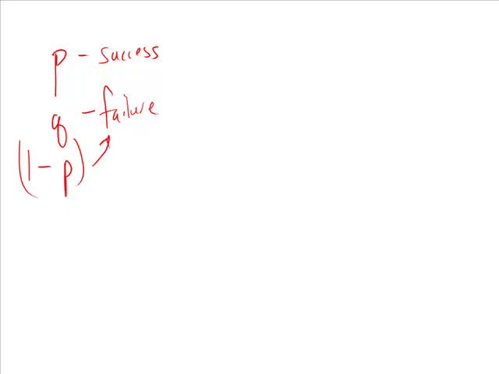Some textbooks, and this is where math gets really weird, because some people do it one way and some people do it another, if this is success, there's usually an alternative, and I don't want to call it failure, although we could. Some people use Q, P and Q. I don't know if it's because they look opposites or what's the deal, but some people use Q. Other people will just say 1 minus P as the rate of failure.